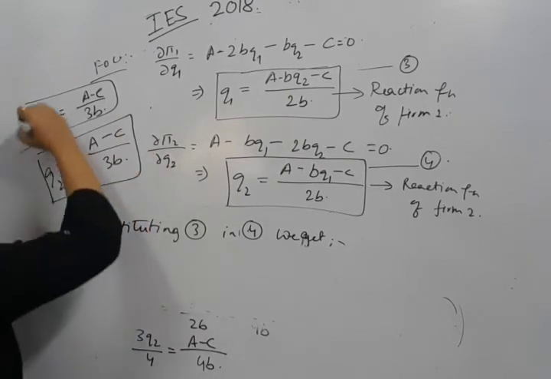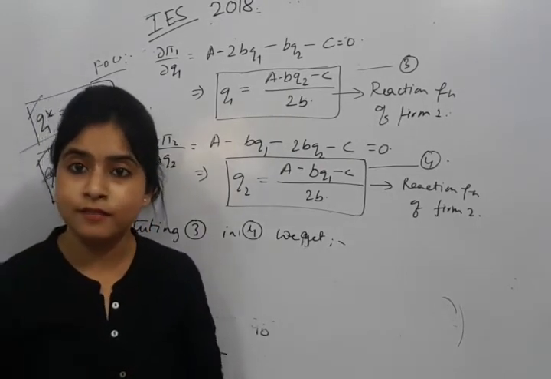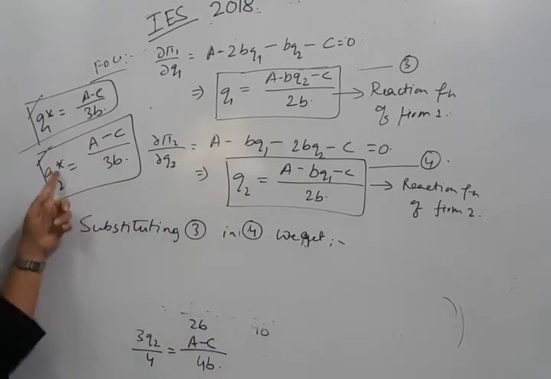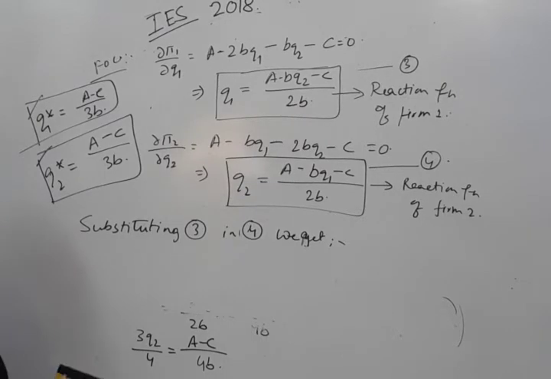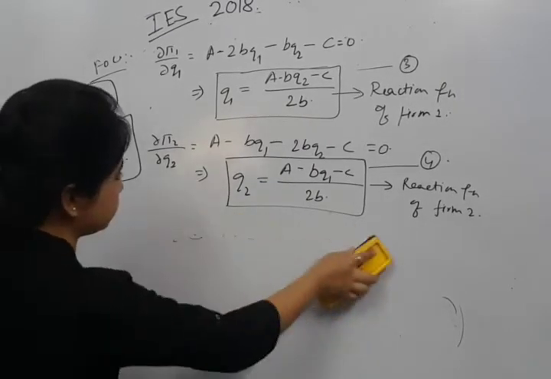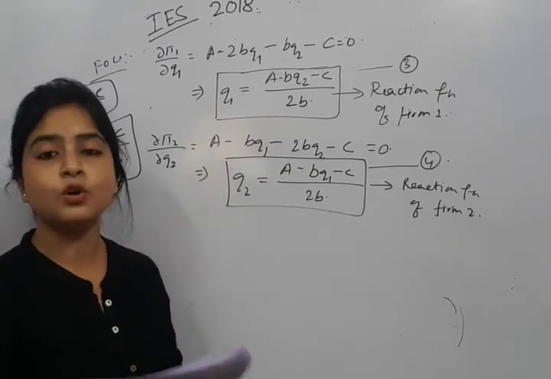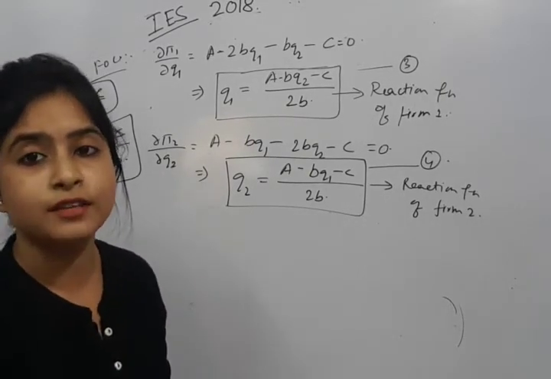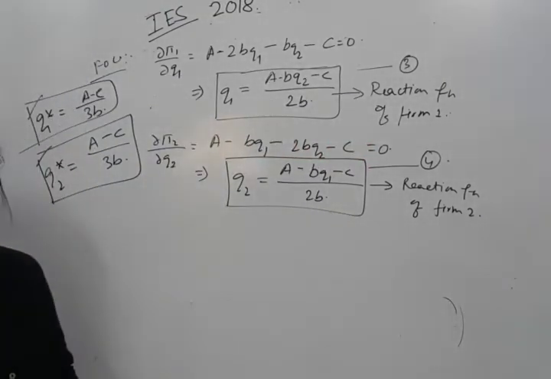So see, the output of both the farms under the Cournot framework are always the same thing. Output levels are always the same. Now, they have told us to find the unique pure strategy Nash equilibrium of this game. Now we are coming to the portion of reaction functions.